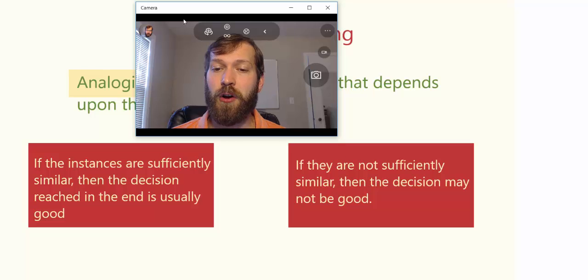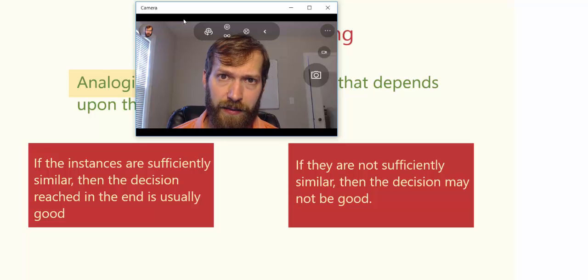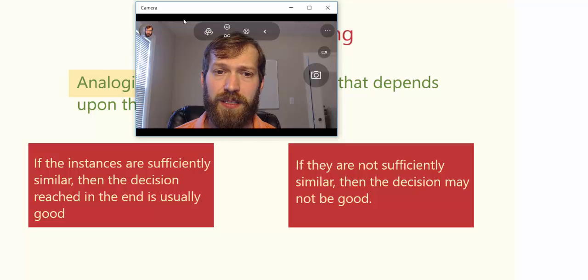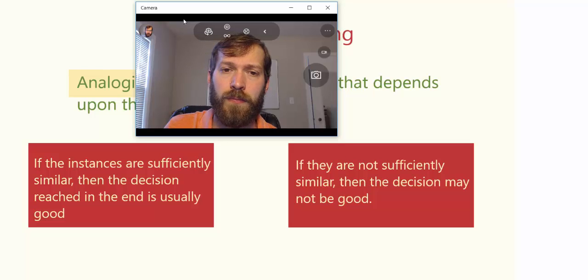But if they are not sufficiently similar, then the decision may not be good. That is, the conclusion doesn't get past that 50% threshold. It's worth pointing out that we don't just look at the similarities. Sometimes the dissimilarities between instances play important roles in deciding whether the conclusion follows or doesn't follow.